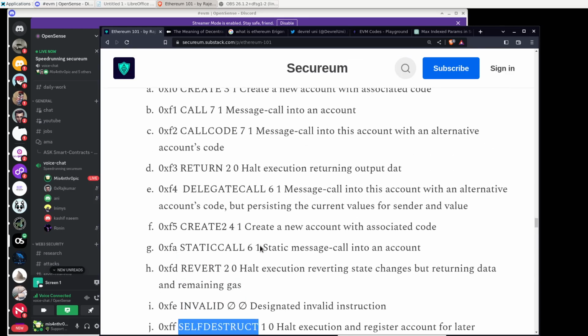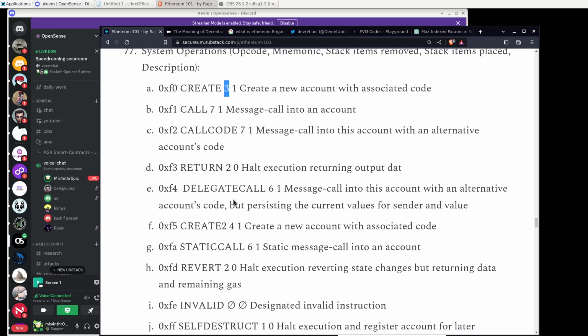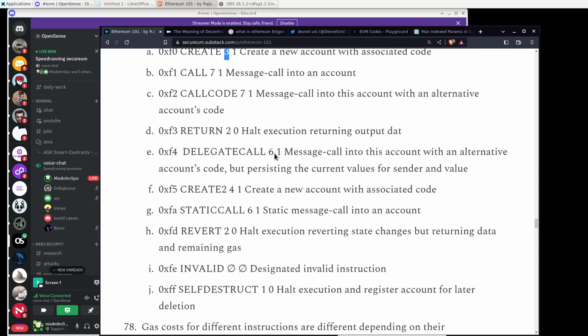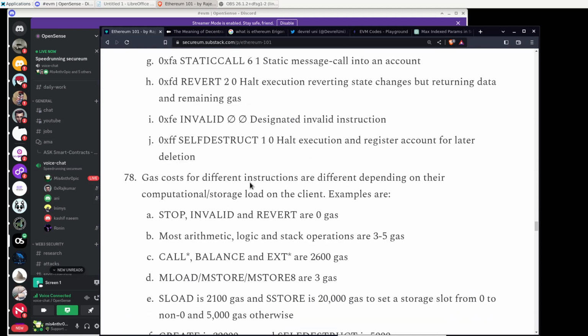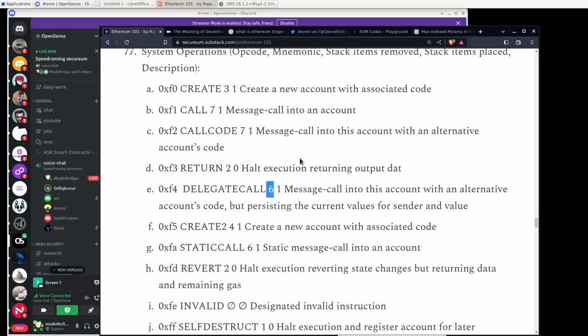And I really think that this is the gas cost of the operation, because here we're actually seeing the gas cost. It just wasn't well explained. So let's go for it. Can you scroll up a little bit?